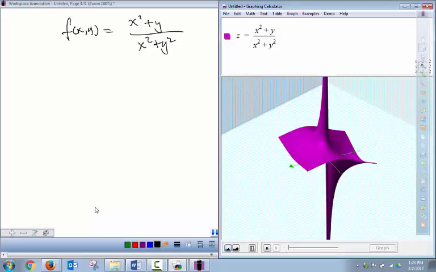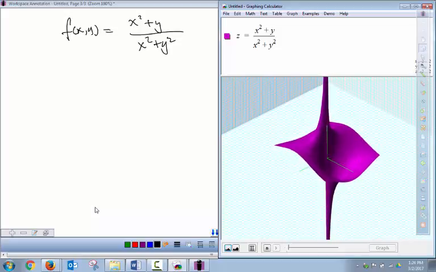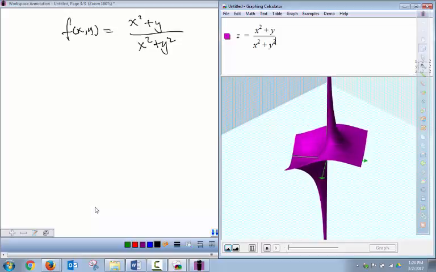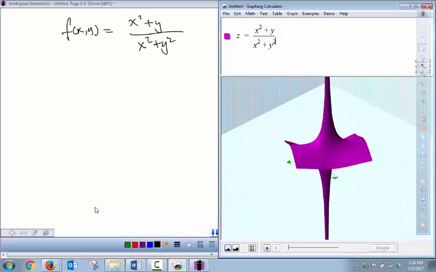That looks pretty weird. That certainly looked like the limit doesn't exist there. This isn't what I want, though.